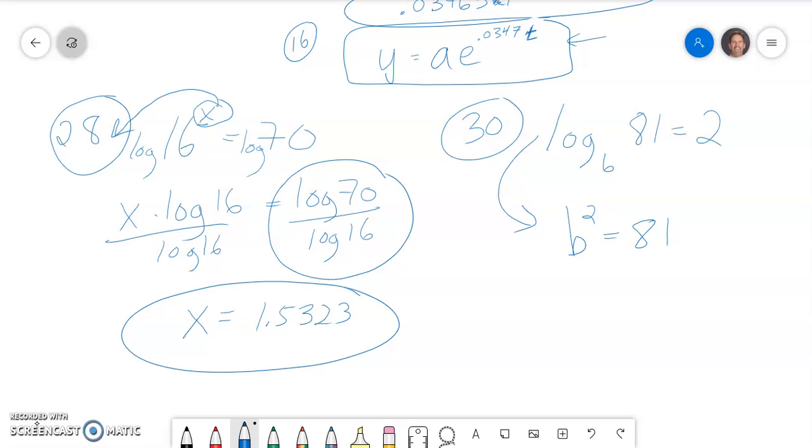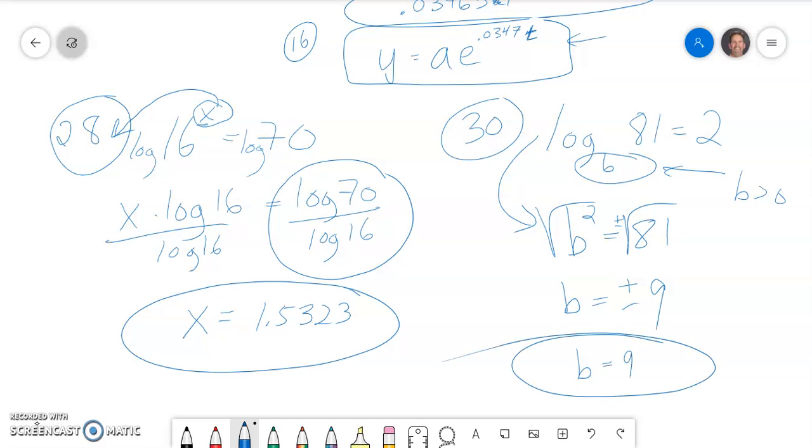Anytime you're trying to solve a log and you can't figure out how to solve it, always put it into exponent form, and then all of a sudden it will become clear how to solve it, because what do I do with this? I just root it, plus or minus. So my answers are plus or minus 9. But remember that bases have to be greater than 0, so you can never have a negative base. So basically I would ignore that negative answer, and my final answer would just be 9.